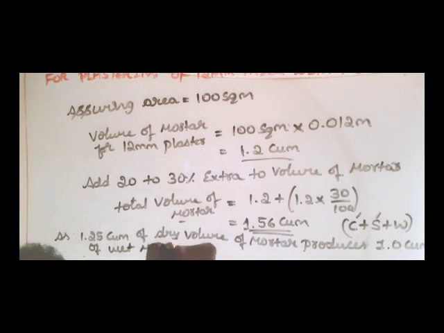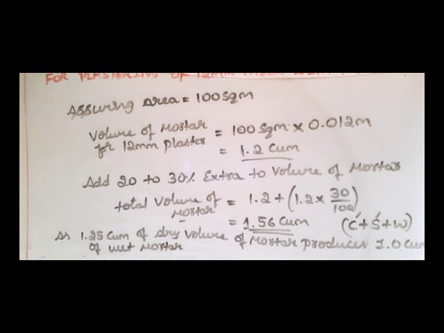What it means is that 1.25 cubic meter of dry volume of material produces 1 cubic meter of wet mortar. So how much wet mortar did we get? We got 1.5 cubic meter as our wet mortar. Using this concept, we need to find out our dry volume.